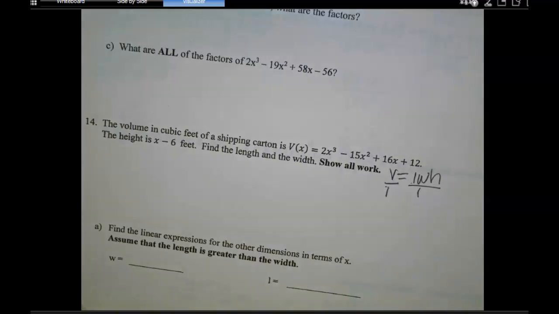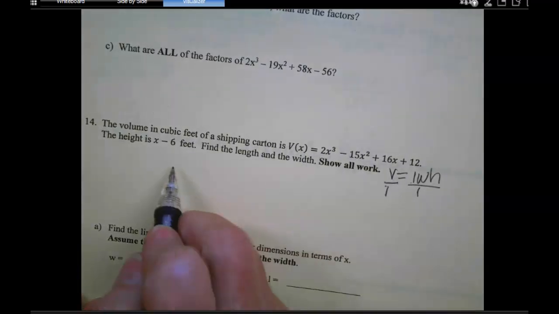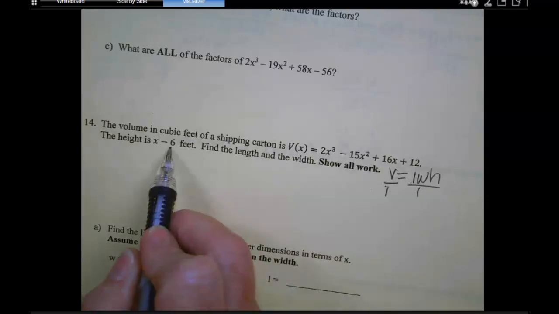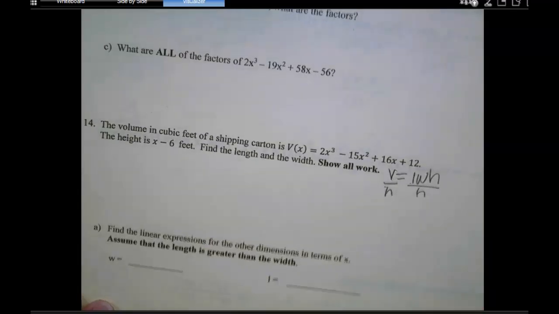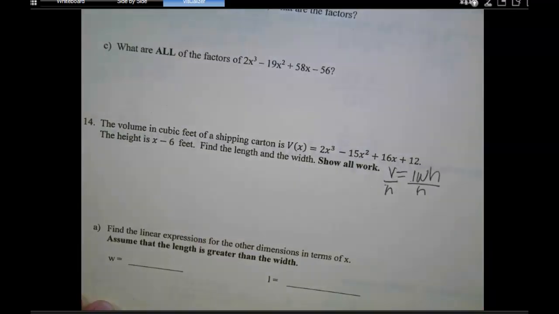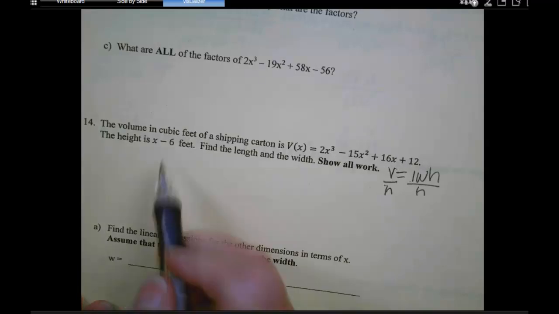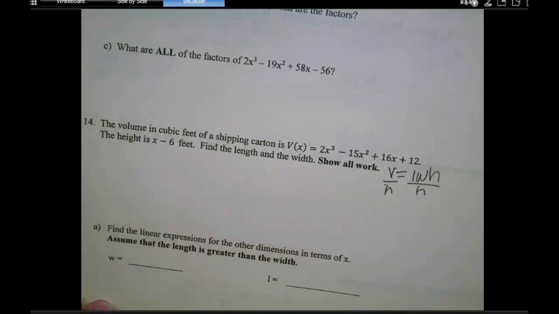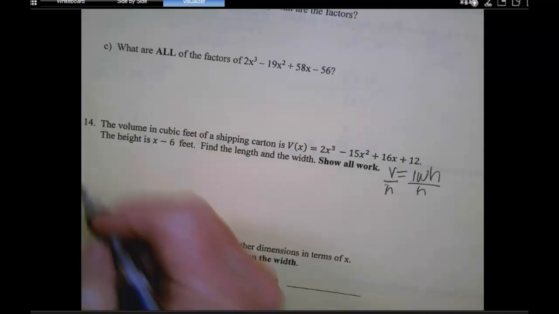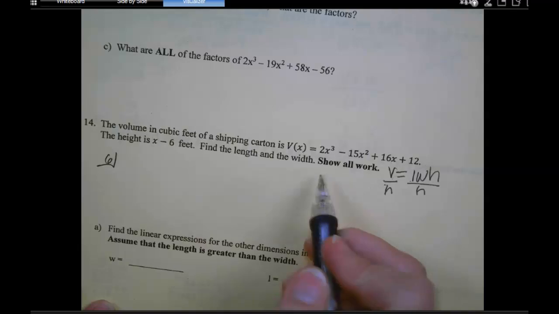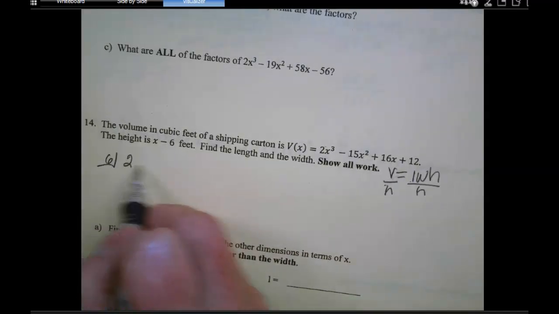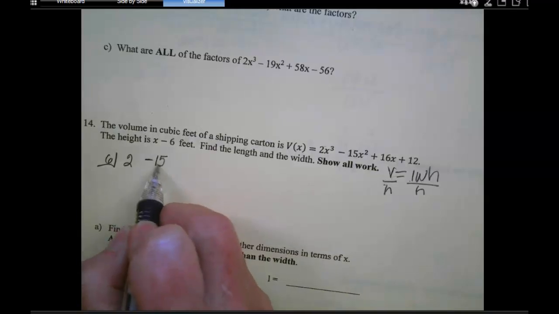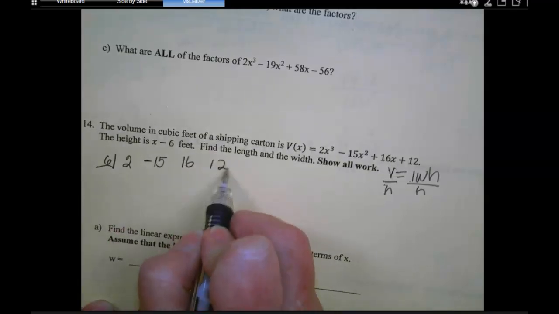Correct? So I've got the volume, which is this, and the height is x minus 6. So if it's x minus 6, what am I going to test? 6 or minus 6? I'm going to test 6. I have x to the 3, 2, 1, and a constant, so I'm going to have 2, negative 15, 16, and 12.